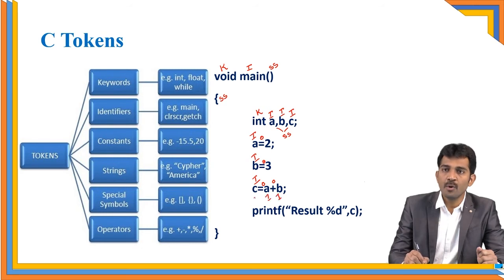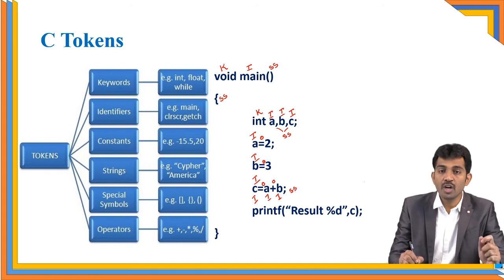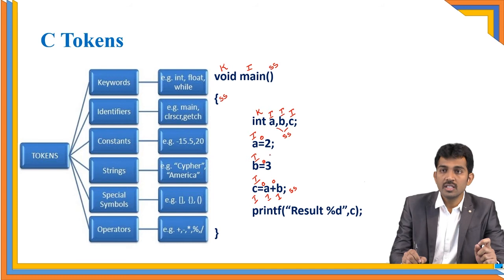Every part of your program is a token. This semicolon also comes under the special symbol. The 2 is a constant. 3 is a constant. Printf, again, is an identifier. And this is the bracket, which comes under the special symbol.